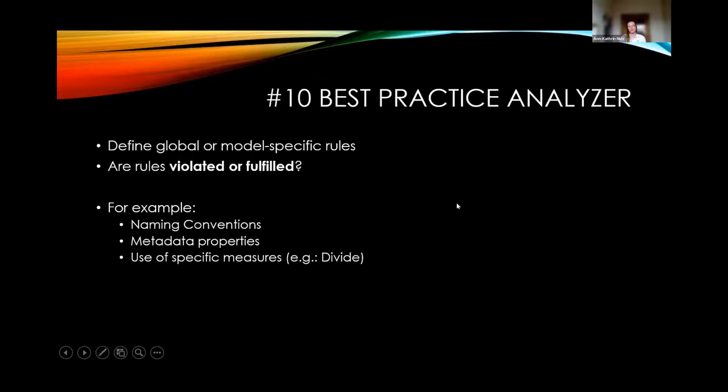For example, you can create rules to check if your naming conventions are kept, if metadata properties are set up correctly, if visible objects are exposed in perspectives, and so on. You can either write your own set of rules, or you can download a preset of rules. So for example, if we define our 10 best practices, we could write them as a set of rules and put them into Tabular Editor to check if our 10 best practices are always satisfied or violated.